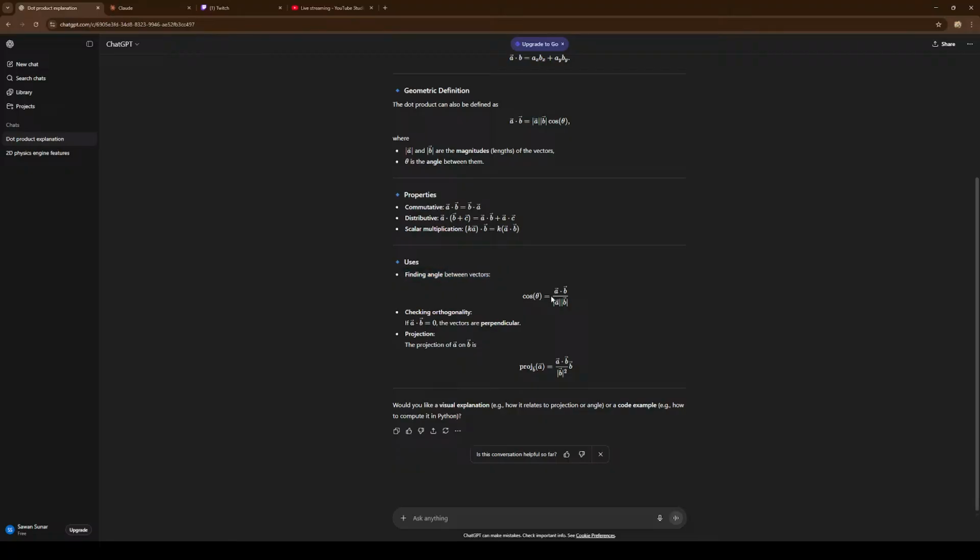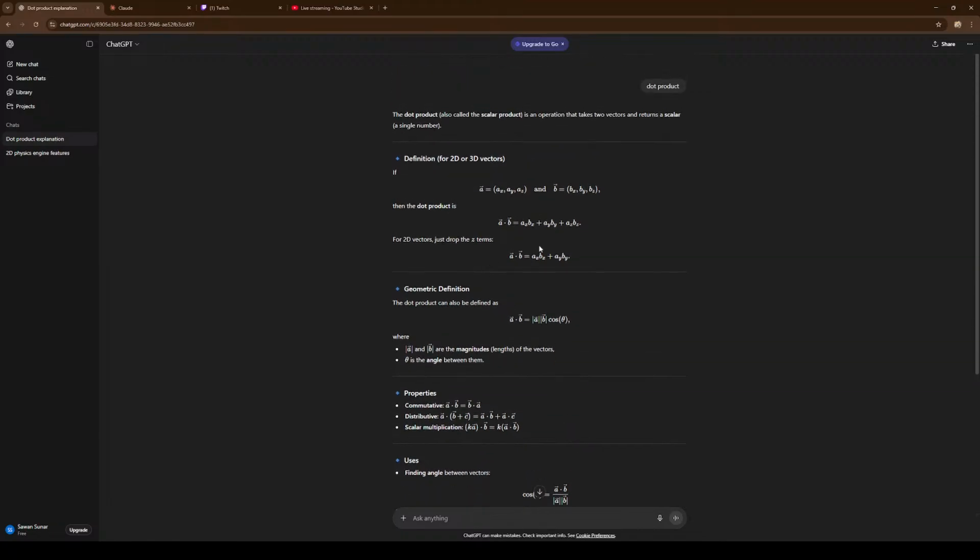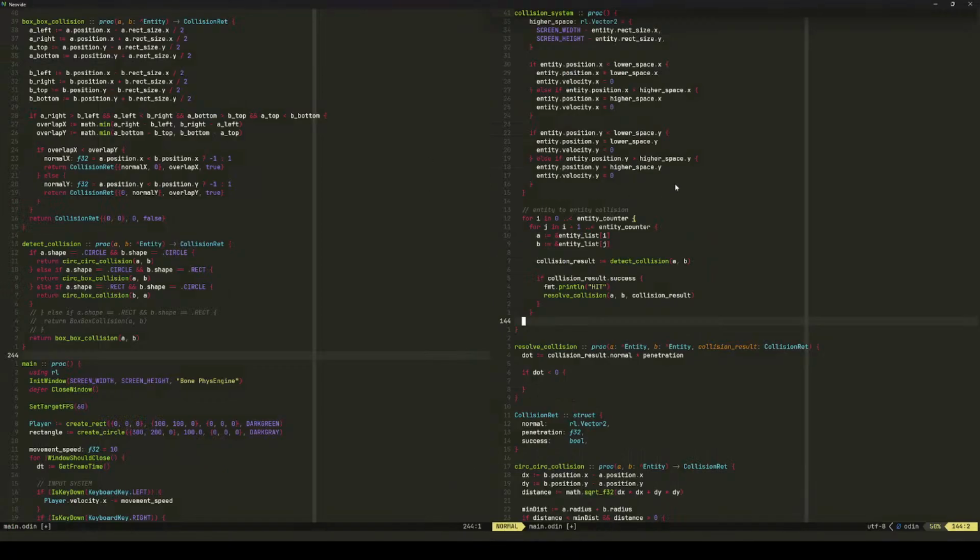Finding the angle between vectors, cos. Dot product is just multiplication.